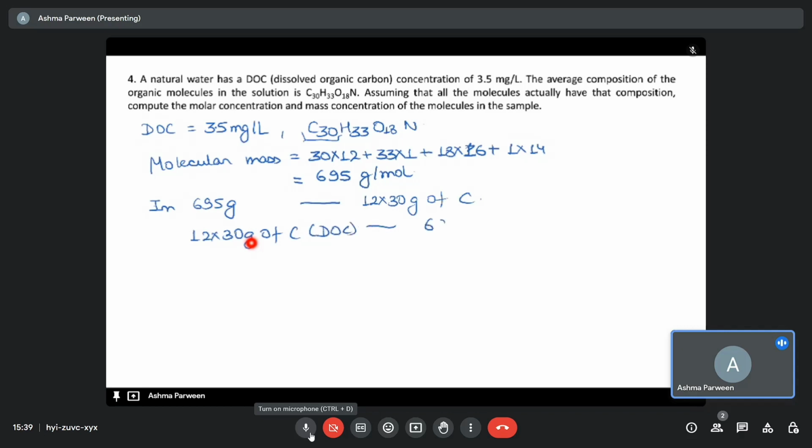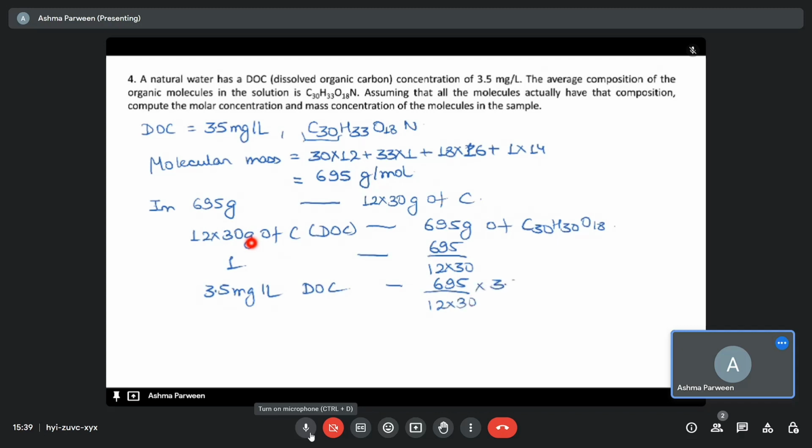we need 695 gram of C30H33O18N. So for 1 gram we can simply find out it will be 695 by 12 into 30, and in the question it was given as 3.5 milligrams per liter of dissolved organic carbon. So it will be equivalent to 695 by 12 into 30 into 3.5.